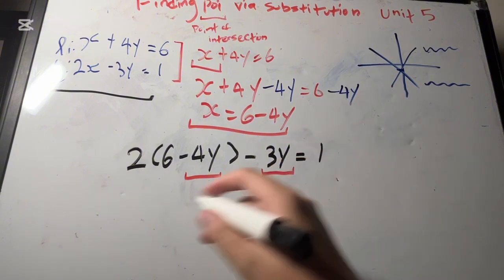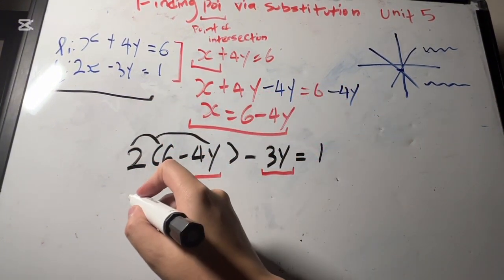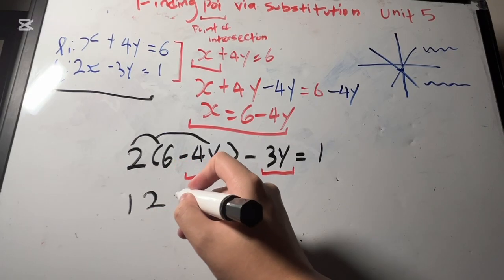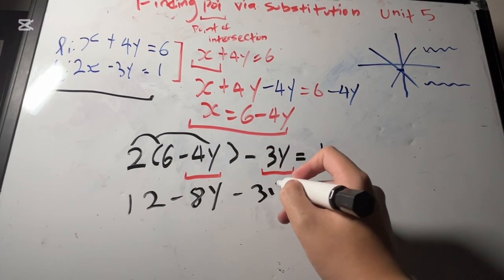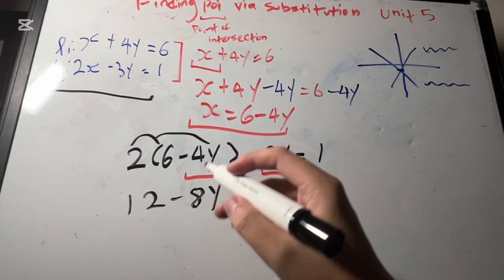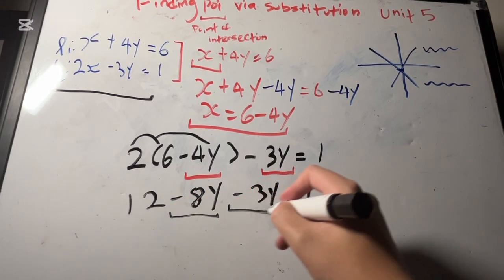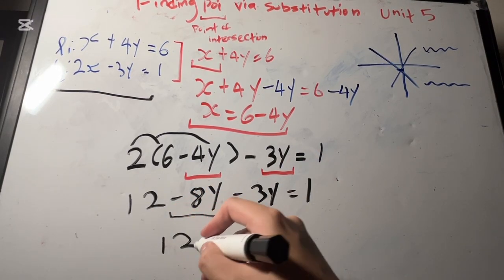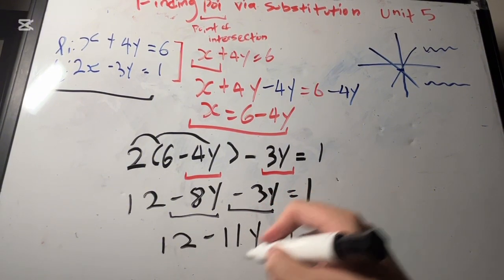What you want to do first is expand this. So you have 12 minus 8y minus 3y equals 1. As I've said, you must isolate y. So we have negative 8y minus 3y, 12 minus 11y equals 1.